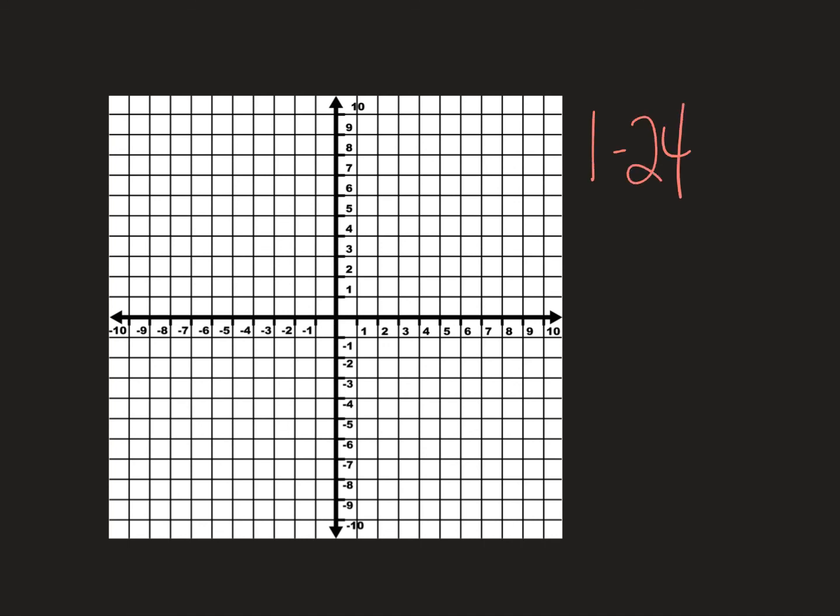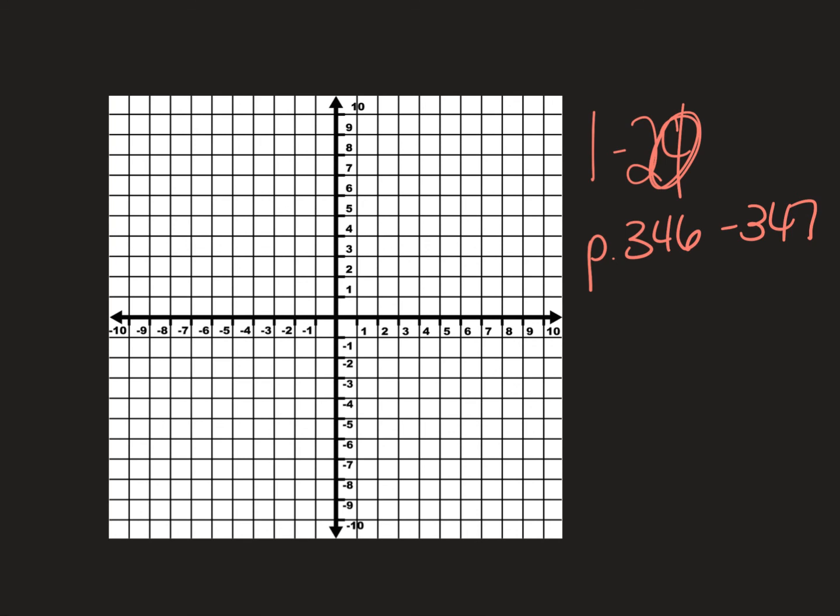Okay, you're going to do 1 through, you know what? I said 1 through 24, but I'll change that to 1 through 20. You'll only be plotting points today, okay? So pages 346 to 347. Notice that you're just going to be plotting points, except go over to page 347.